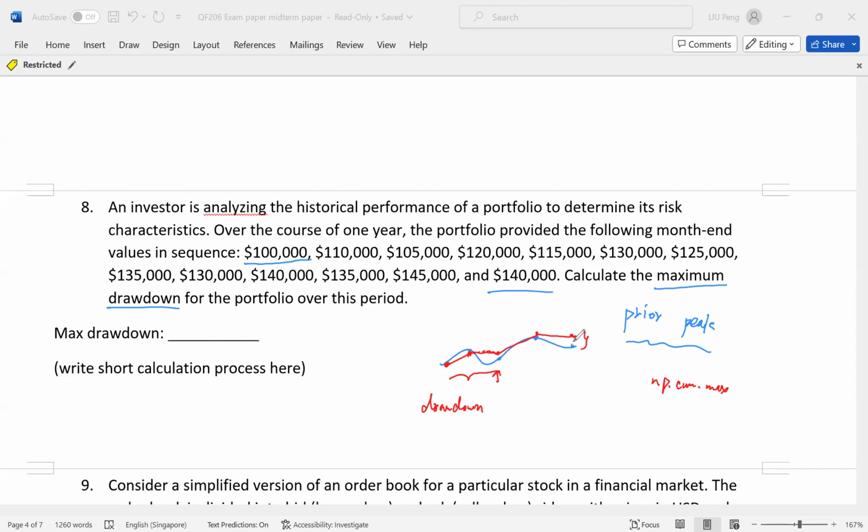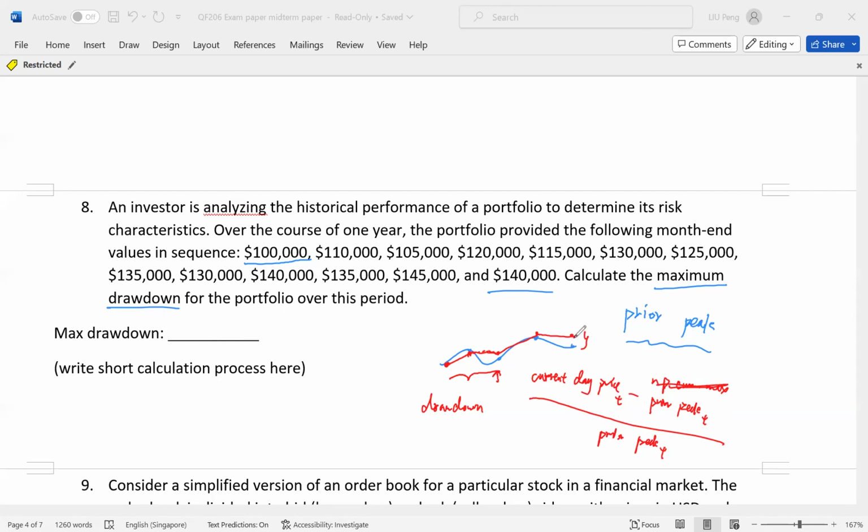For example, for this day, we take the current day price, and then we minus the corresponding prior peak. The prior peak at day t, and then divided by the prior peak at day t.